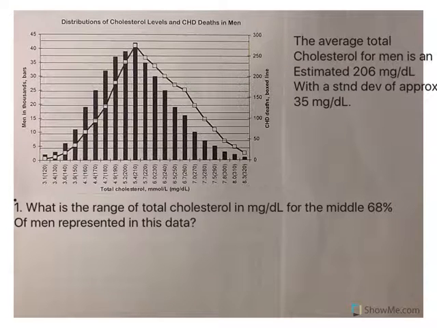All right, we're going to use this thing to work here. You'll see that we have kind of symmetrical data, a little bit, but the interesting thing about this graph is that on this side we have men in thousands represented by the bars, so the height of the bars is the men in thousands.